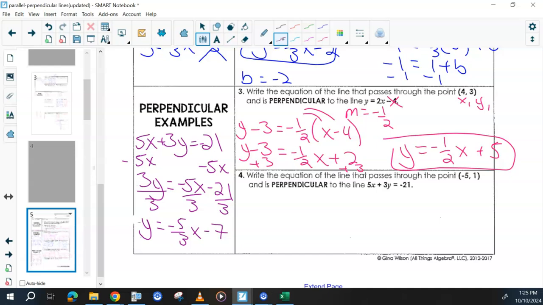So that doesn't answer our problem, but now I can find the slope that's perpendicular to this, which would be what? Positive 3 over 5. So I'm not going to use that y-intercept. I'm really not using that slope either because I have to change it.